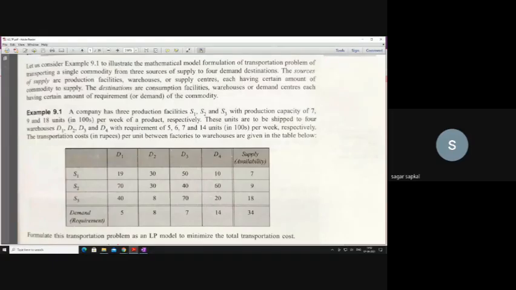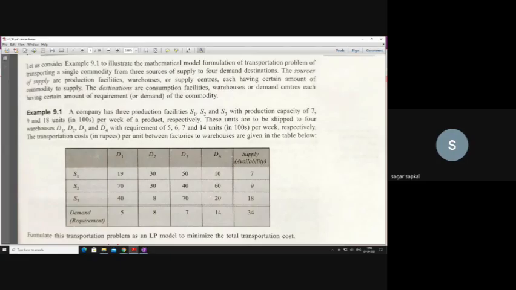These units are to be shipped to four warehouses, D1, D2, D3, and D4, with requirements or demand of 5, 6, 7, and 14 units in hundreds per week, respectively. The transportation cost in rupees per unit from factories to warehouses is given in the table below. So from S1 to D1, S1 to D2, and so on, the cost is given. The problem is formulated in matrix or tabular form. Formulate this transportation problem as an LP model to minimize the transportation cost.